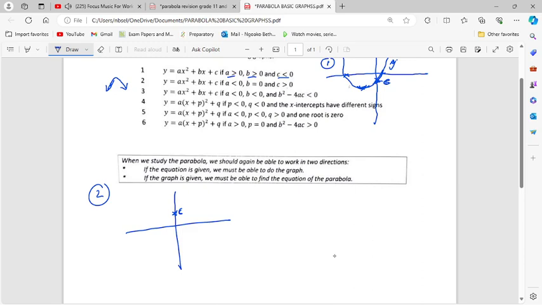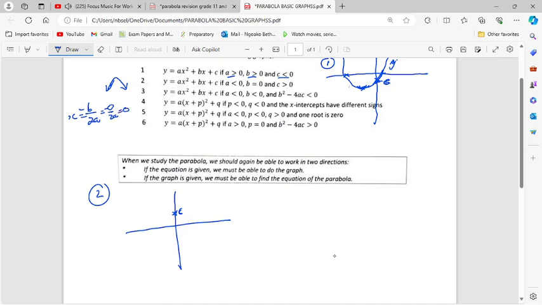So what does it mean when b is 0? Let's draft it: minus b over 2a. On top here is 0, so the x value is minus 0 over 2a, and that 0 changes everything to 0.